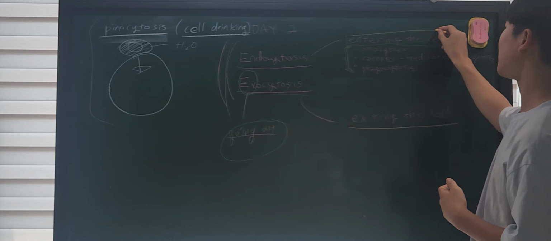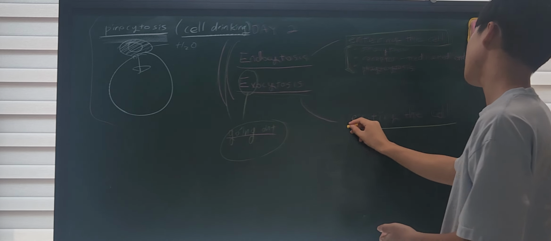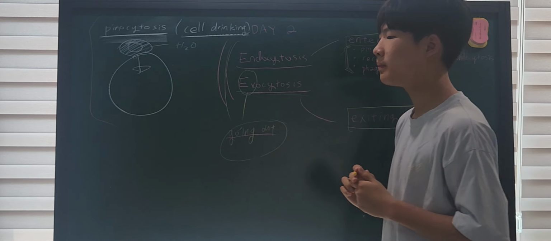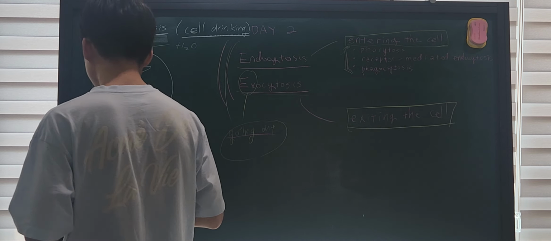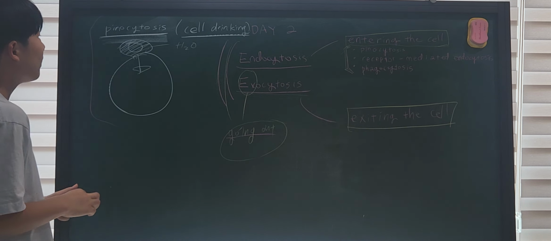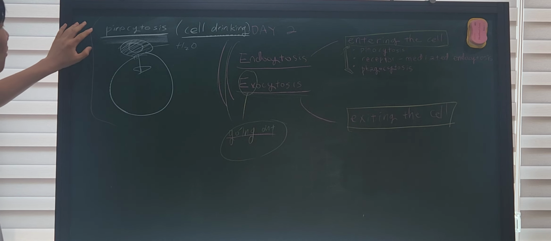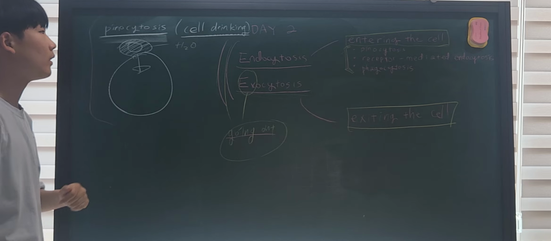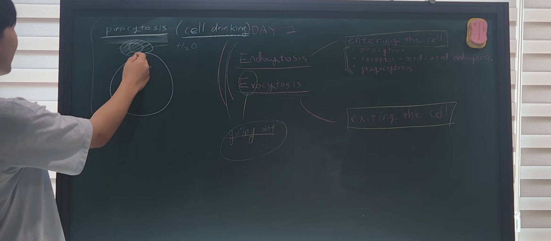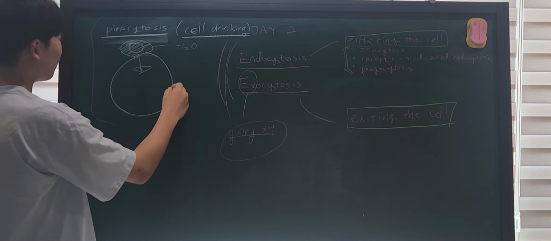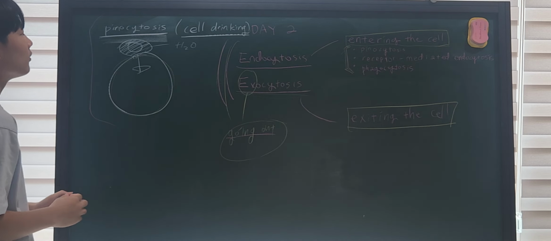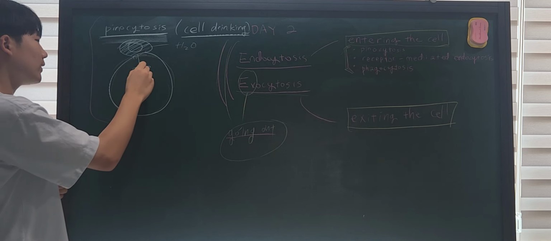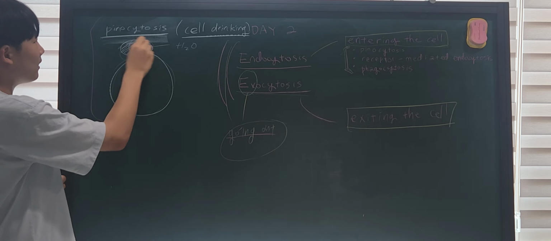Then what is entering the cell? Of course, molecules and other materials. We are learning about the methods of how they enter or exit the cell. In terms of pinocytosis, it is also called cell drinking. The reason is, in order for the cell to absorb the molecule using pinocytosis, the cell forms an invagination that surrounds the cell.